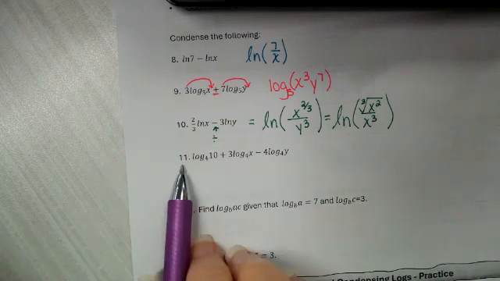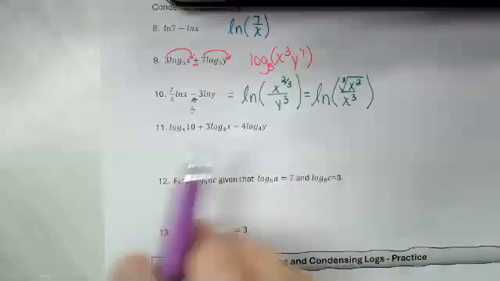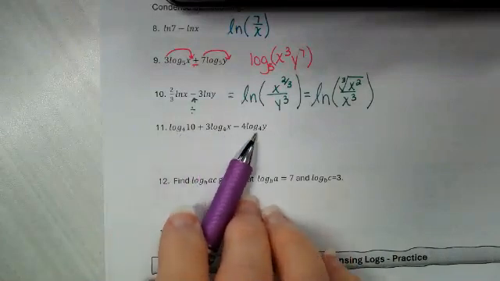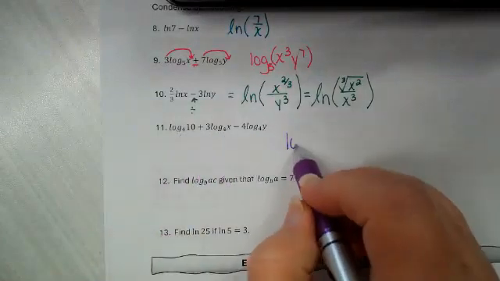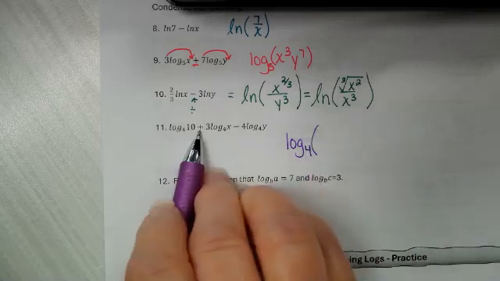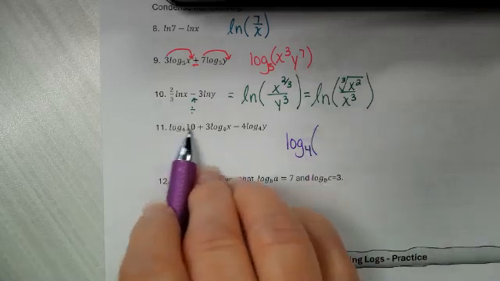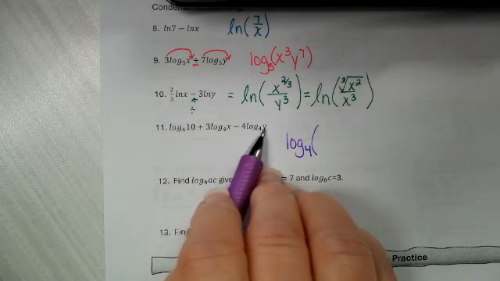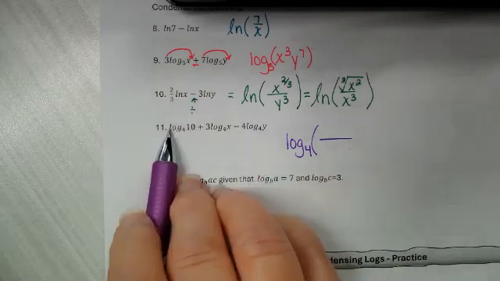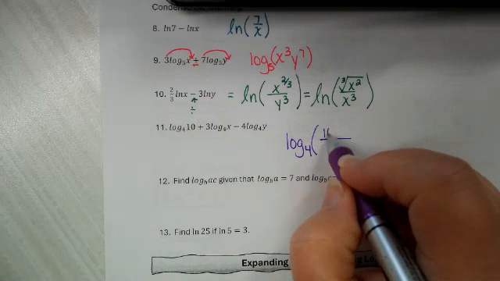All right, number 11. I've got 3 expressions here, and they're all log base 4. So my answer is going to be a log base 4. And I have addition. These are going to be multiplied. And I have a subtraction, so that one's going on the denominator to divide. So first off, I have 10.